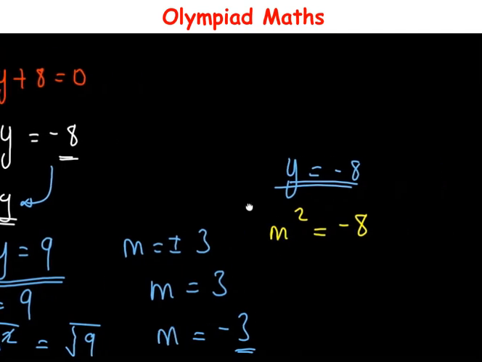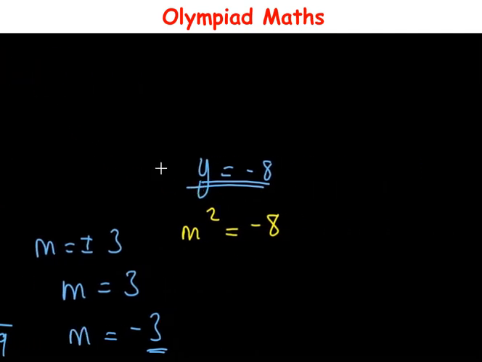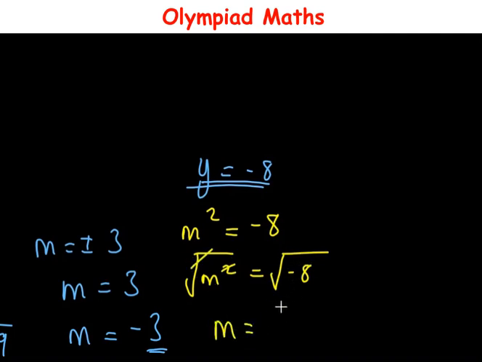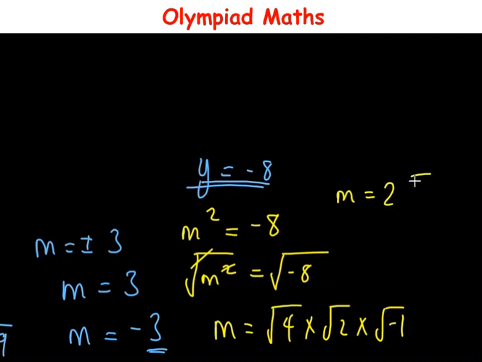To solve for the value of m, simply square root both sides: m equals the square root of minus 8. Square cancels square root. We have m is equal to, this can be written as root 4 times root 2 times root minus 1. And from here, m is equal to root 4, which is 2, times root 2, times root minus 1, which is i.